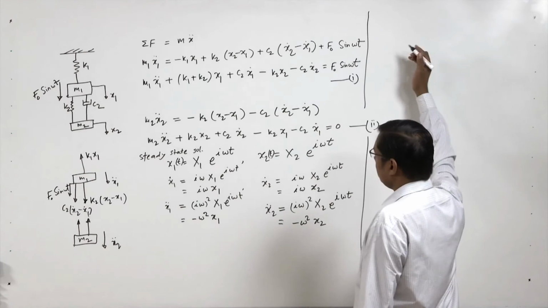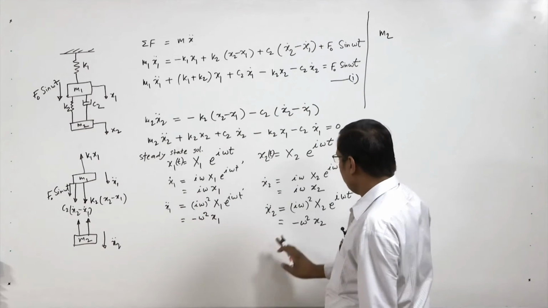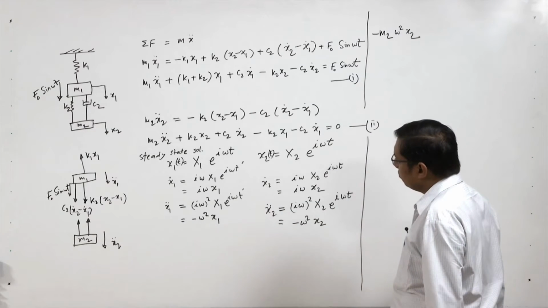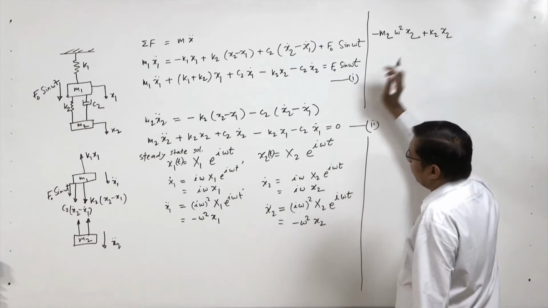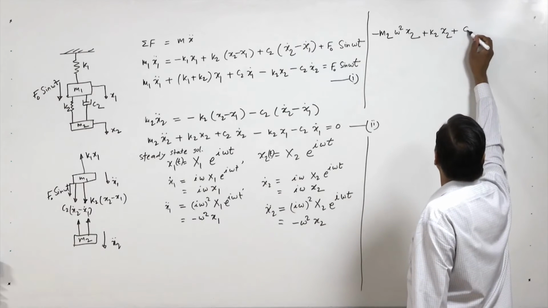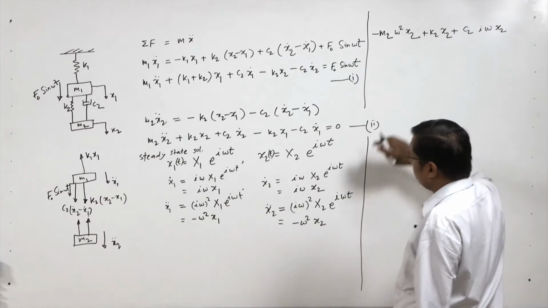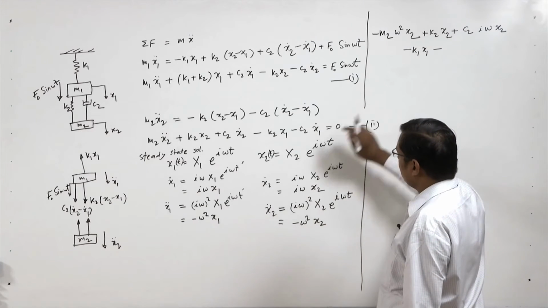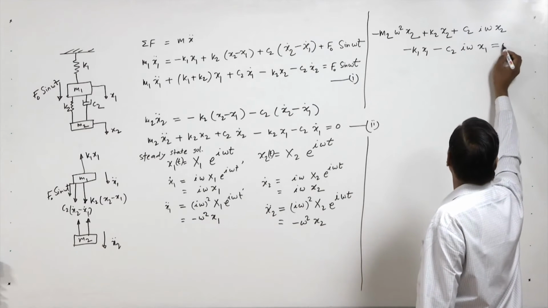Here m2 x2 double dot is minus m2 omega square X2, plus k2 X2, plus c2 x2 dot, and x2 dot is i omega X2, so c2 i omega X2, and minus k2 X1 and minus c2 x1 dot, which is i omega X1, so minus c2 i omega X1, that is equal to 0.